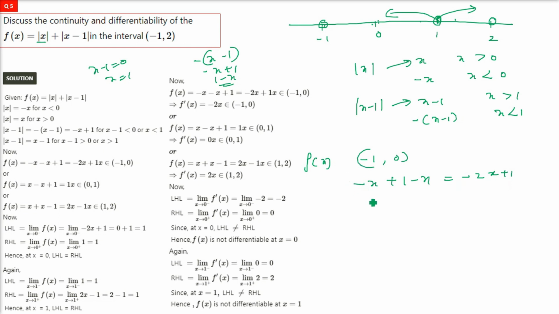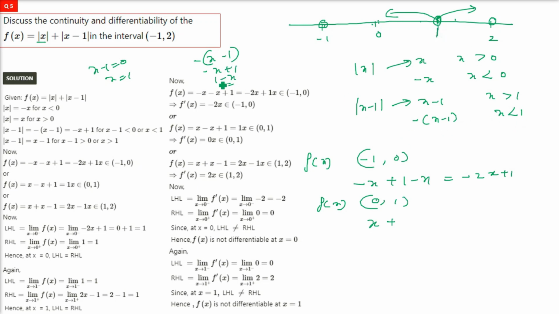Now it's the second interval. f(x), the second interval is 0 to 1. Now when you go above 0, mod x will become positive. So it will be positive x. But still the mod x minus 1 is going to be negative because you are still below 1. You are above 0 but you are still below 1.